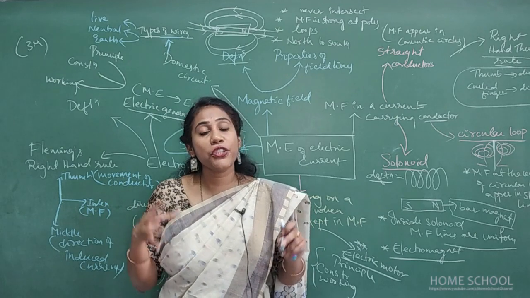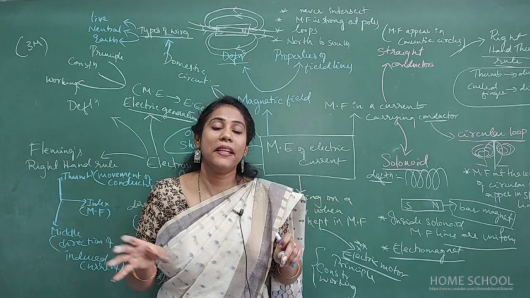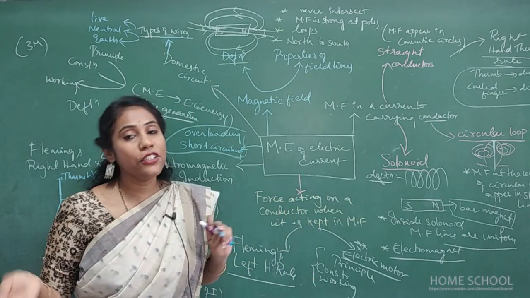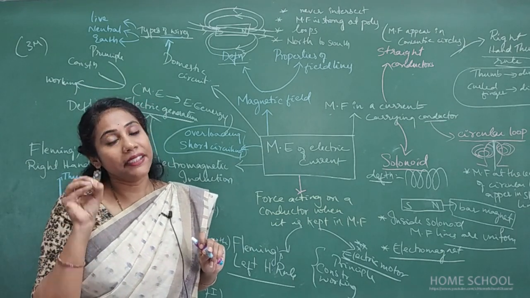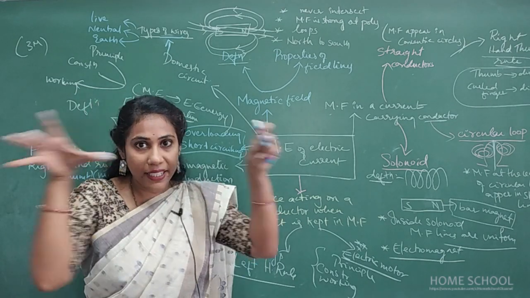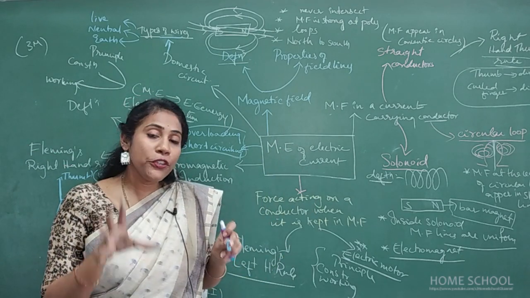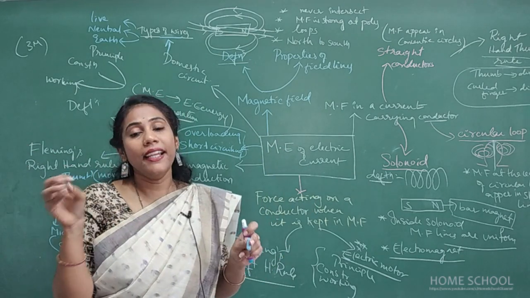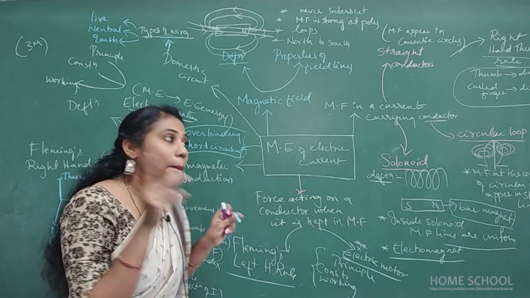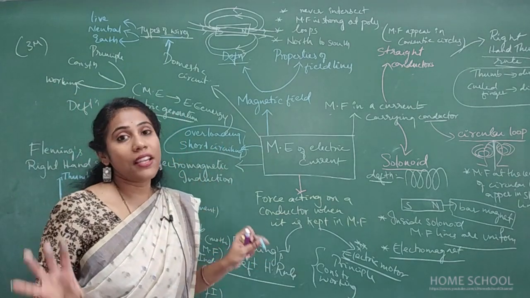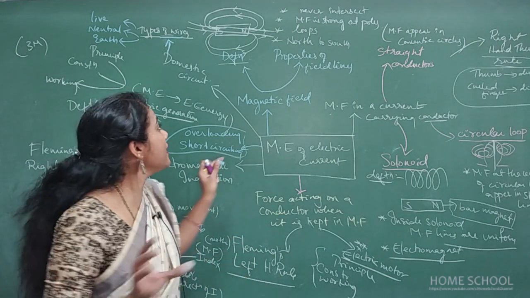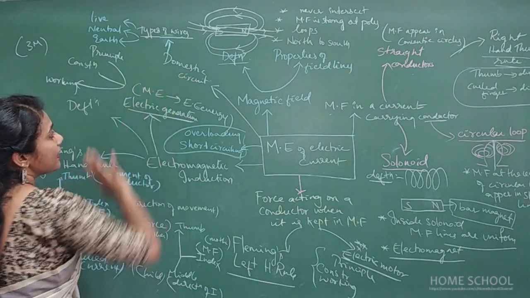Fuses protect the electrical appliances from overloading and short circuiting. Every electrical instrument is connected with a fuse in a circuit. The purpose of the fuse is to protect the electrical gadget from overloading and short circuiting, and their definitions are also important. So this is all about domestic circuits.